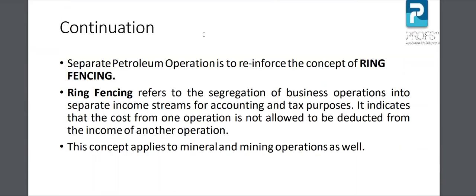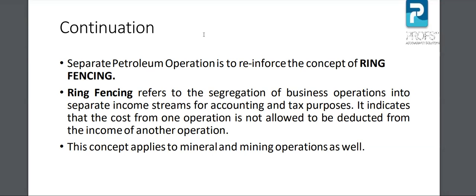Bear in mind that this concept called separate petroleum operation, and even under mining we have separate mineral operation, is backed by a term called ring fencing. Ring fencing is the segregation of business operations into separate income streams for accounting and tax purposes, implying that the cost from one operation is not allowed to be deducted from the income of another operation. It's more or less like the matching concept.